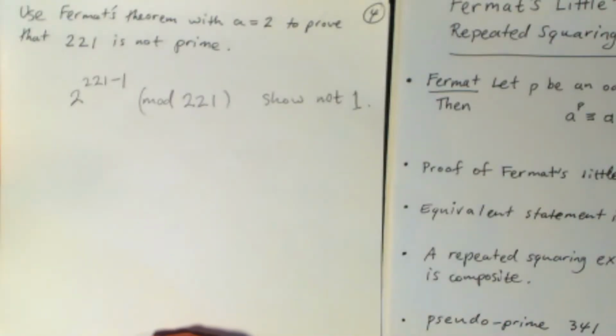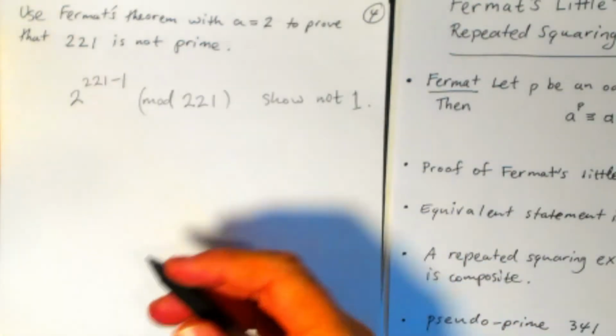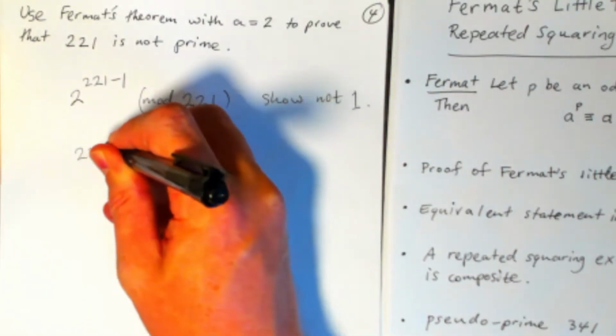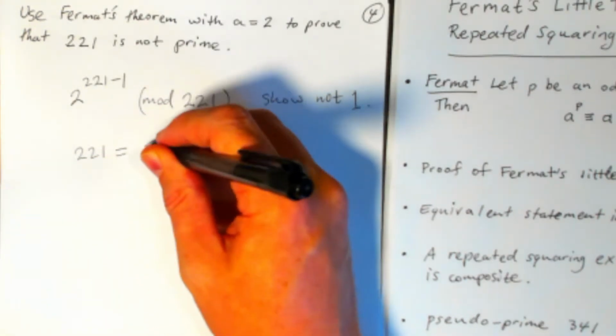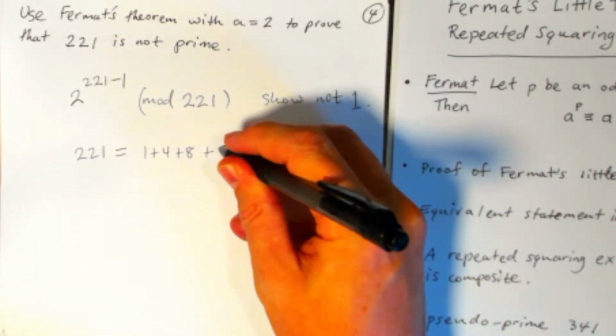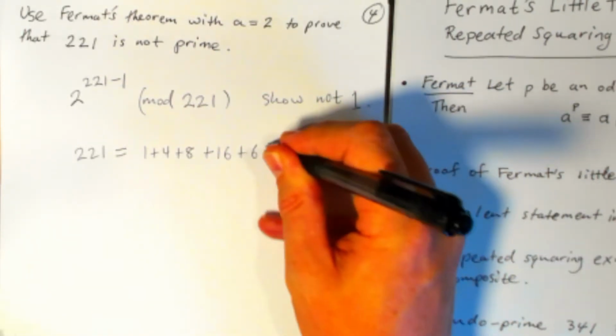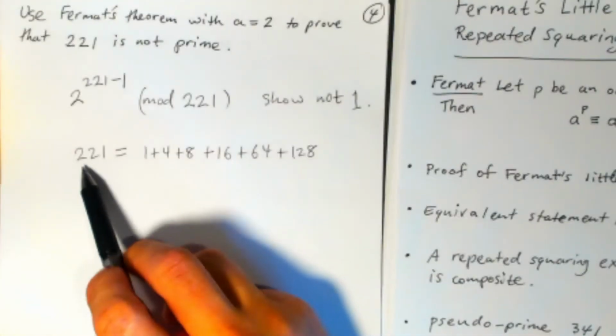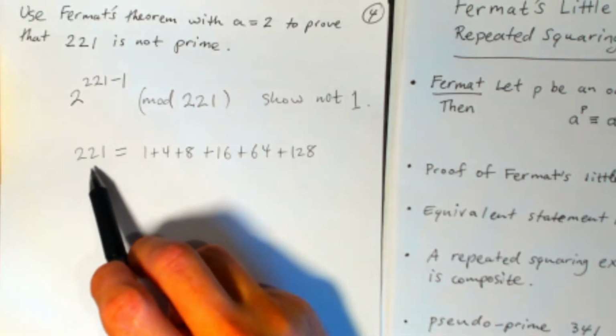Okay, so back to this. What we want to do here is represent 221 in base 2. Okay, so basically 221 is equal to 1 plus 4 plus 8 plus 16 plus 64 plus 128. And you get this from expressing 221 in binary.